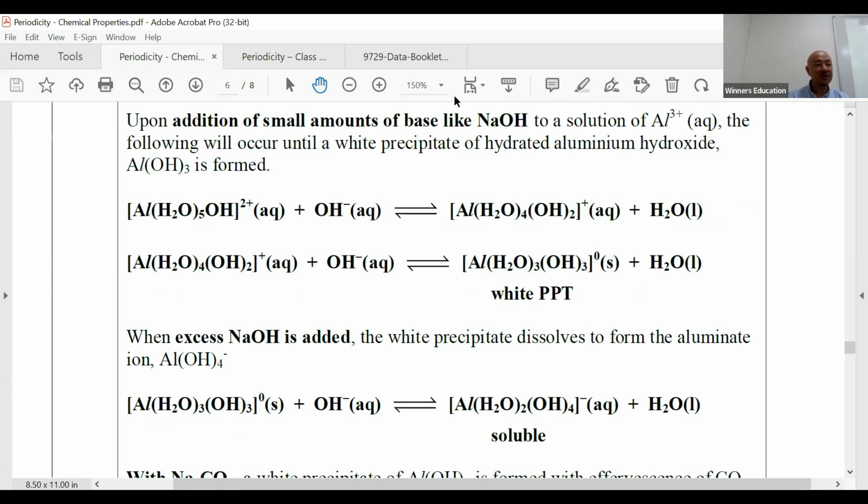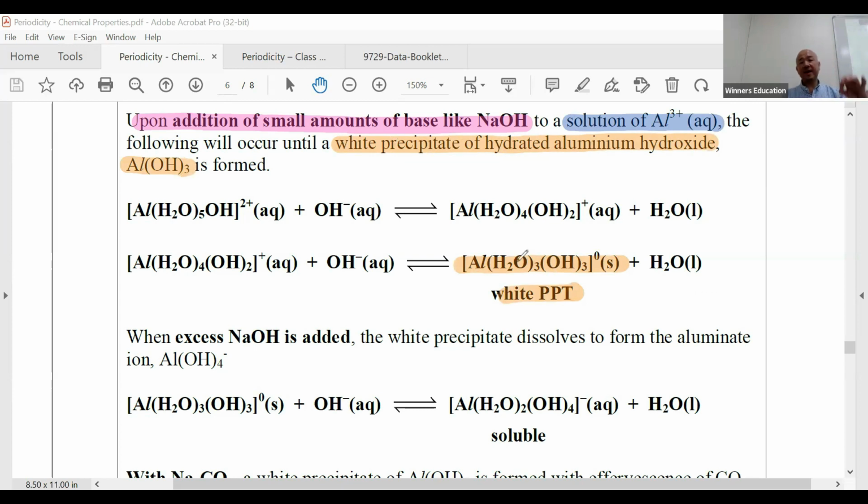Follow me closely. Upon addition of a small amount of base like sodium hydroxide to a solution with Al3+, you will eventually get a white precipitate of hydrated aluminum hydroxide, which is formed here. Slow and steady.